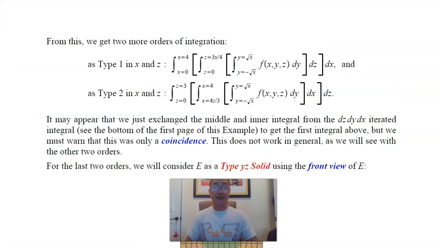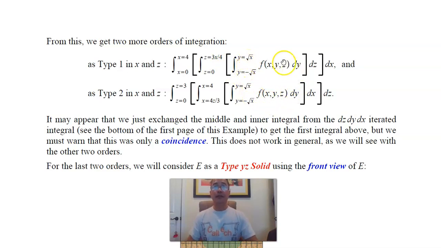All right, so here are our next 2 orders of integration. I'm deliberately sitting over here to hide this diagram. We'll see it in a little bit. So remember, our domain was that right triangle. We said that x is going from 0 to 4. z is going low to high from 0 to 3x over 4. y, the green arrows, entering at negative square root of x, exiting through positive square root of x.